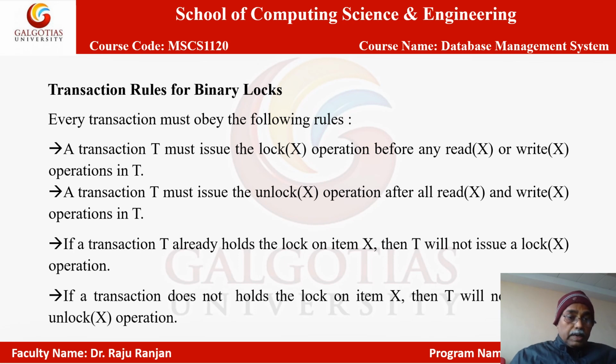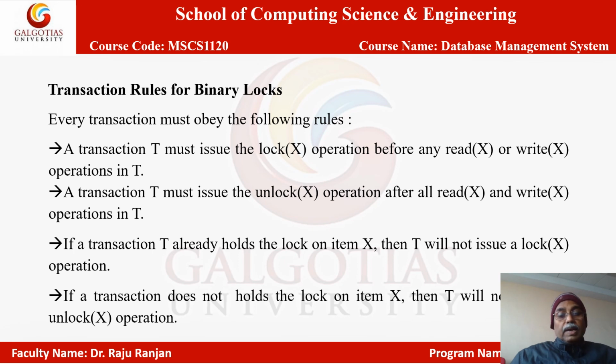The third rule: if a transaction T already holds the lock on item X, then T will not issue a lock X operation. If it is already locked, it will not again issue the lock operation. And if a transaction does not hold the lock on item X, then T will not issue an unlock operation.